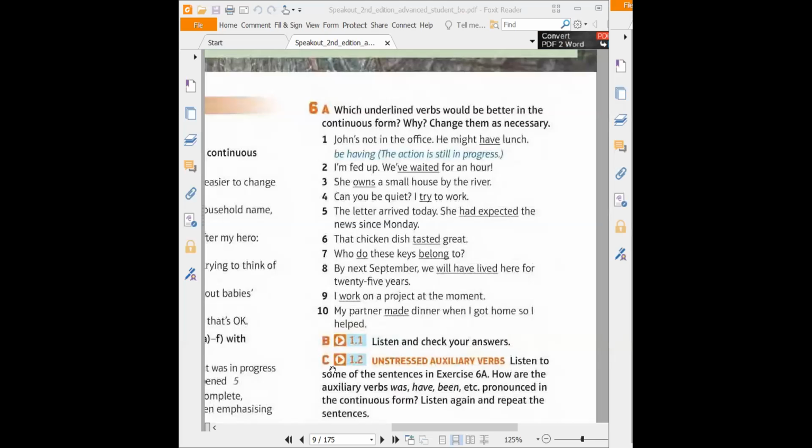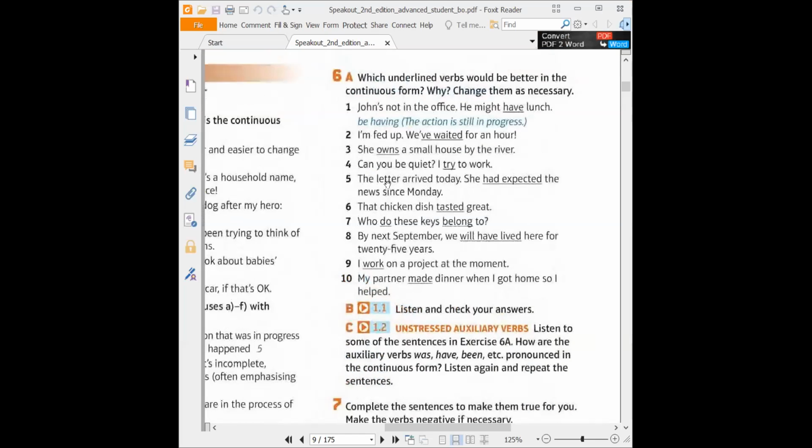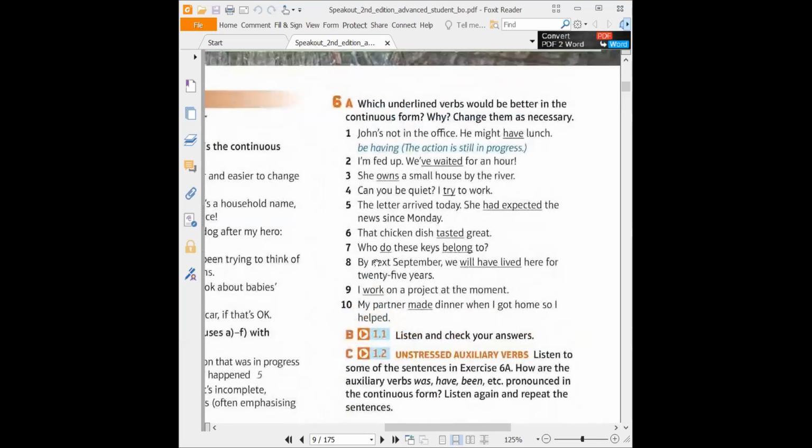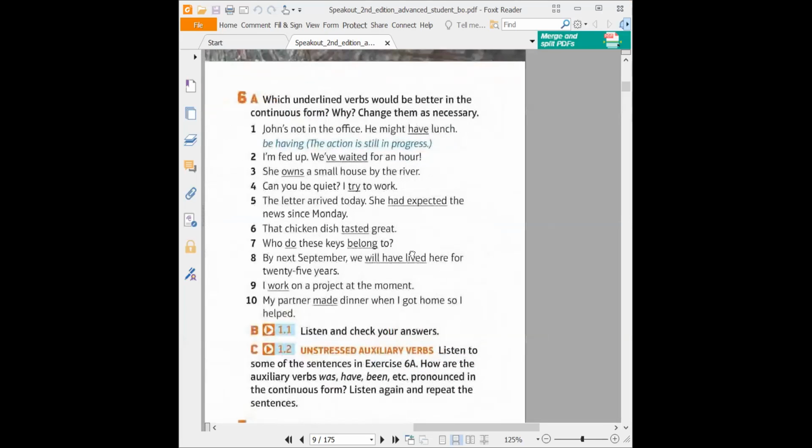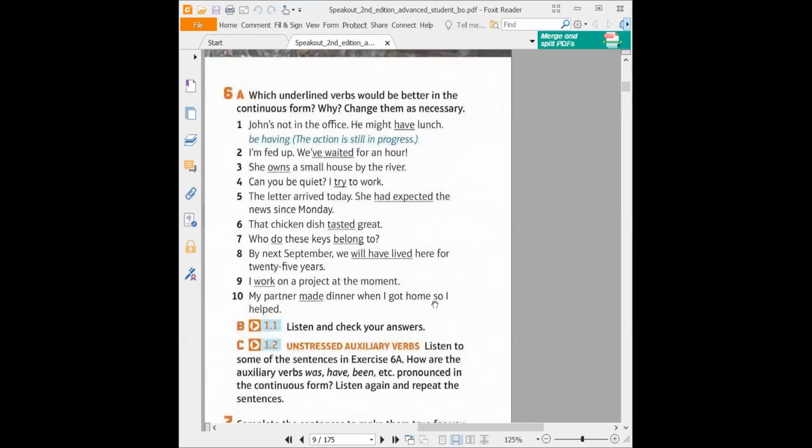Let's have a look at the sentences here and see if we have any sentence that we need to change to the progressive. There are some sentences which are correct and some that we need to change to the progressive. So please have a look at them, and we will discuss them. Just take a minute to look at them.